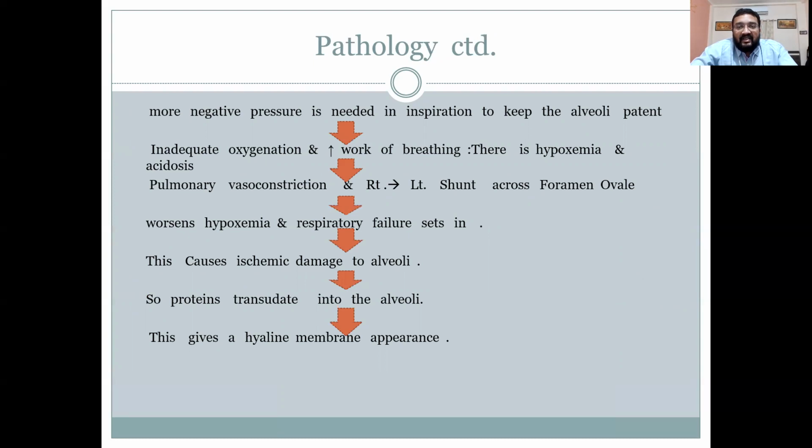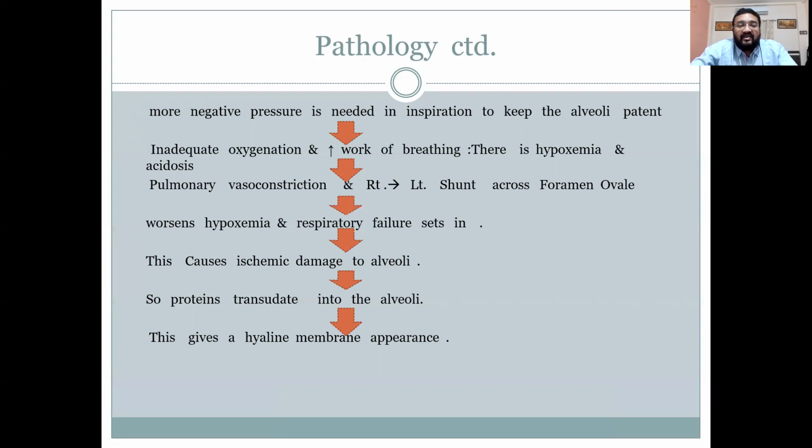Inability to maintain alveolar patency, inadequate oxygenation, and increased work of breathing occur, which lead to hypoxia and acidosis, which cause pulmonary vasoconstriction and right to left shunt across the foramen ovale, which further worsens the hypoxemia, and respiratory failure finally sets in.